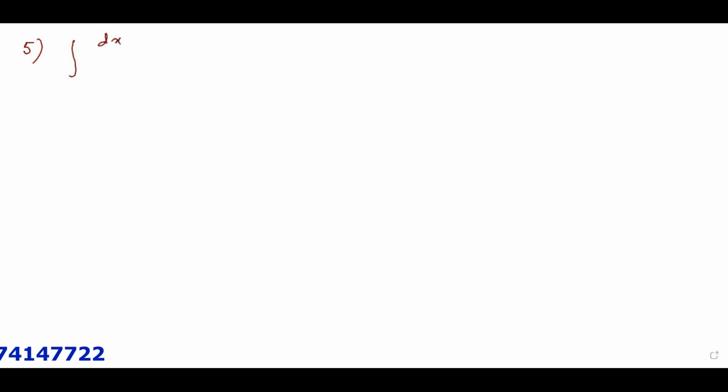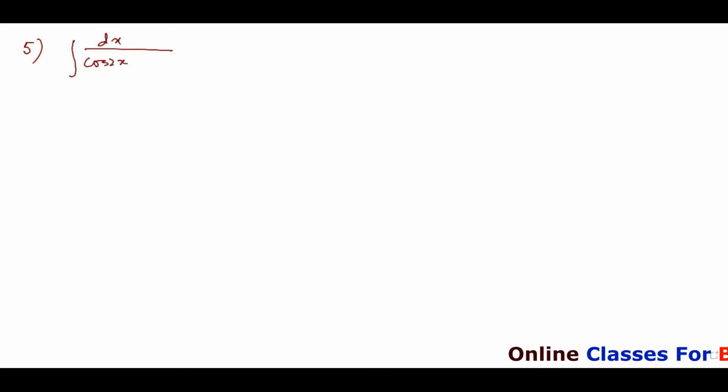Now let us move to the last sum for this video. That is question number 5. They have said integration dx by cos 2x plus 3 sin square x. Right?